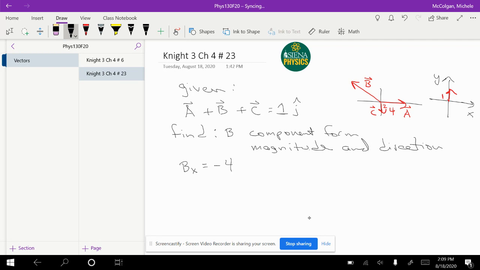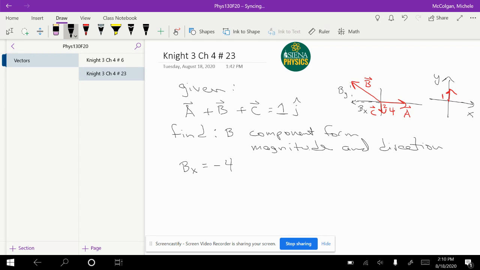That makes sense because if I draw my Bx, I should go out to about here. So this is going to be my By, and this is going to be my Bx. This length has to match this length, and it points this way because B points in the negative x direction.